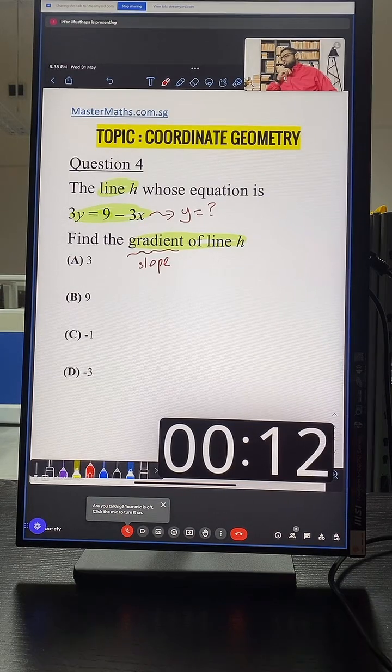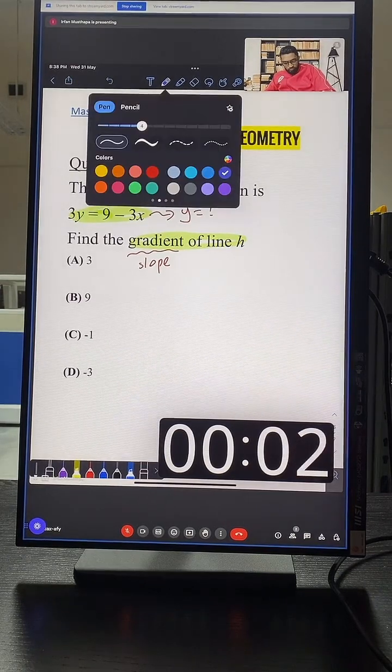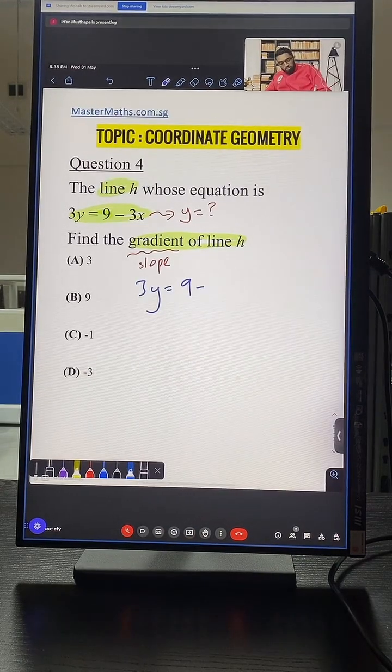How do I find the slope of this line? Let's say you have the equation 3y equals 9 minus 3x.